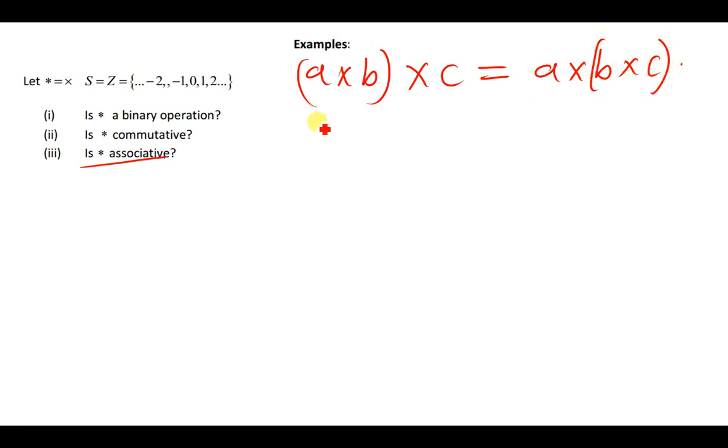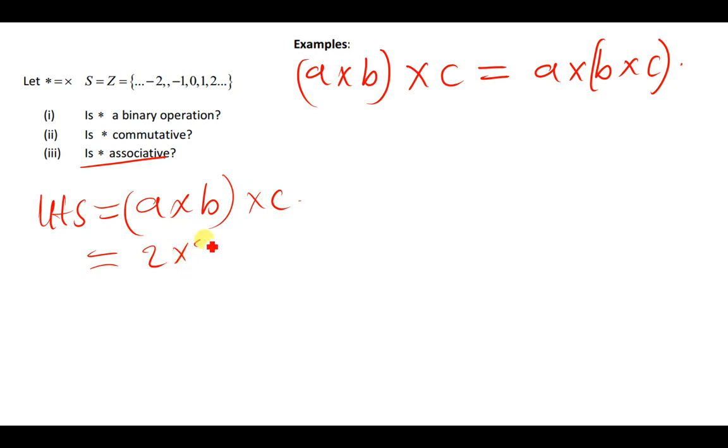So we take first the left hand side, (a times b) times c. Let's take three numbers, 2 times 3 times 4, and see if we're going to get the same answer.